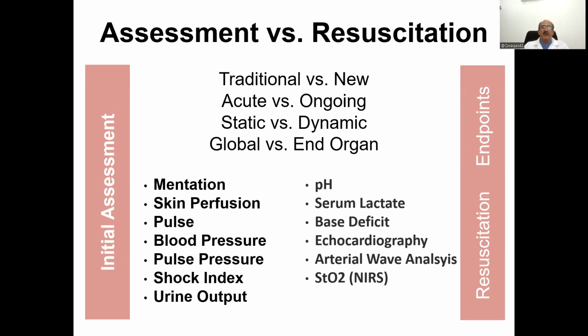Acute versus ongoing loss, static versus dynamic changes in the monitoring system, and global versus end organ, as a whole change or individual end organ change, in which we have to see the mentation, skin perfusion, pulse, blood pressure, pulse pressure, shock index. What is shock index? We will see in detail in later slides. Urine output.